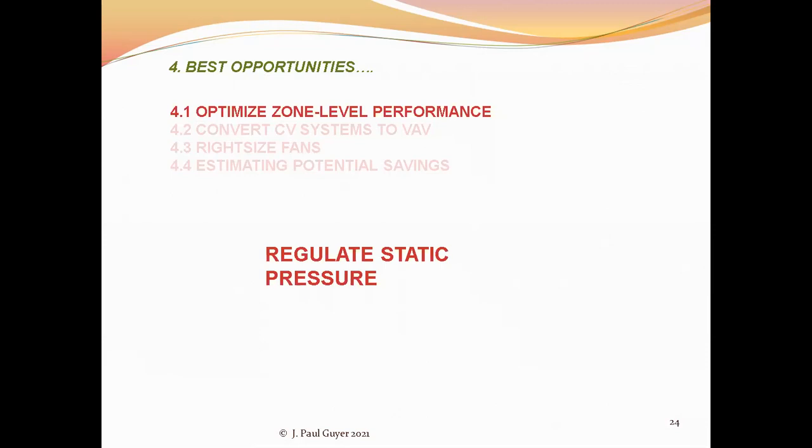For example, if the static balancing damper for the cold deck is stuck in a nearly closed position, none of the zones will have an adequate source of cold air, leading to overheating. So these are some things that you can think about and consider as far as energy efficiency improvements at the zone level.